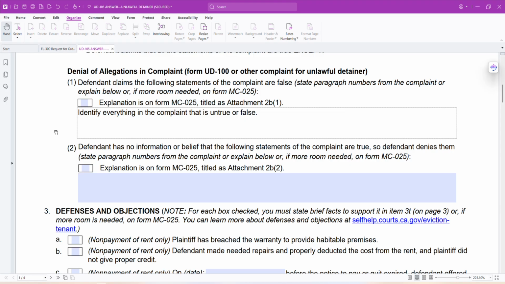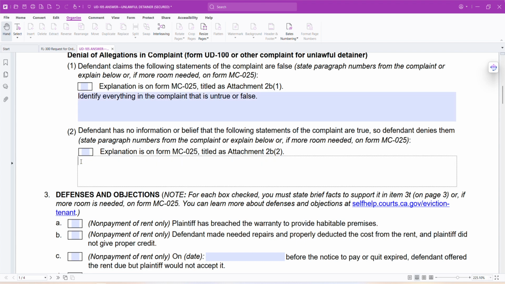For example, if the complaint spells your name incorrectly, you could identify that. If the complaint says that the amount of rent every month is different than your understanding, then you can explain that. So you have to go through and tell the judge basically by writing it out, what parts of the complaint you disagree with.